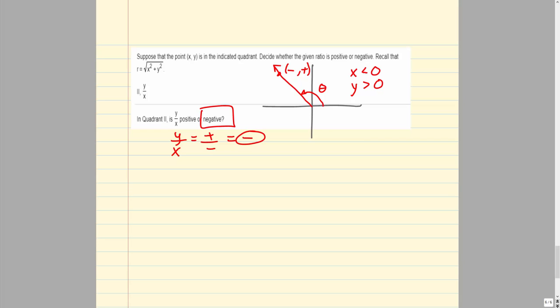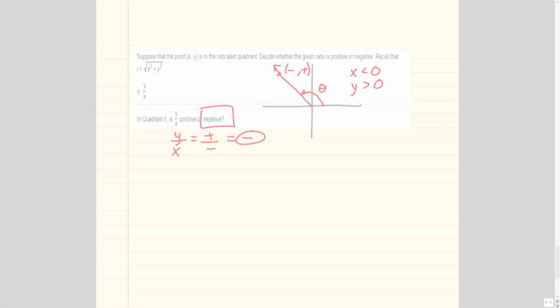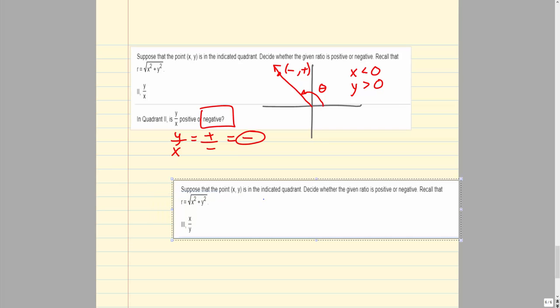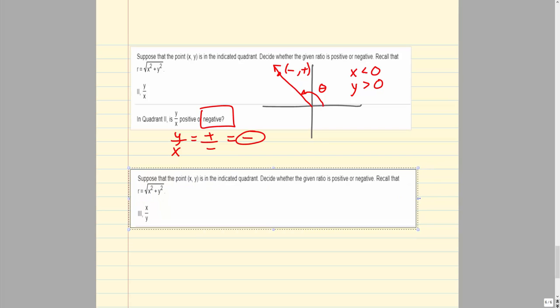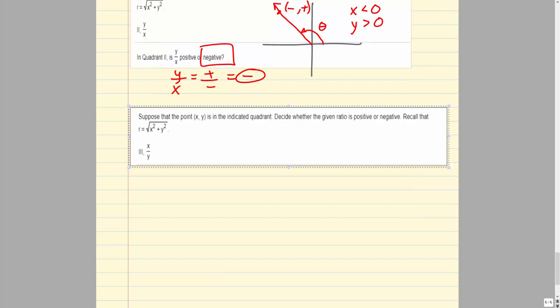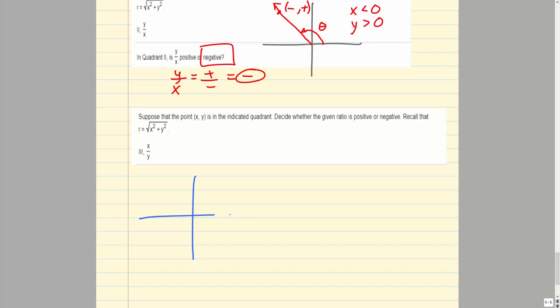Let's look at another one similar to that problem. This one, we're going to be in quadrant 3. So in quadrant 3, let's go ahead and draw that terminal side in quadrant 3. And again, I don't know where it is in quadrant 3, I just know it's in quadrant 3. Here's some point xy. Well, remember in quadrant 3, this point xy, x is negative and y is negative.